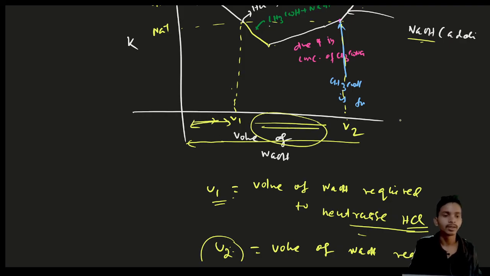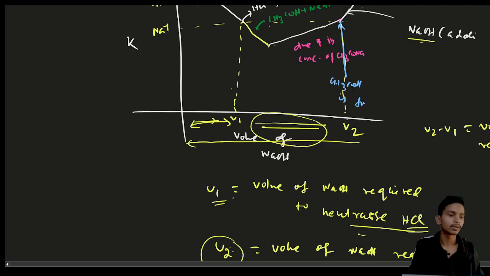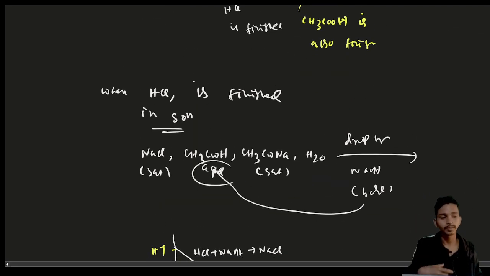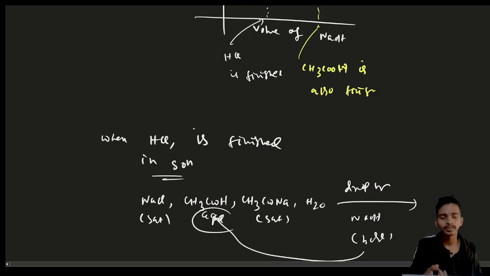So this amount of volume, that is B2 minus B1, is required to neutralize the weak acid CH3COOH. That is the volume required to neutralize CH3COOH. Okay, so this is the whole of conductometric titrations, or the applications of conductance. So today up to this, thank you.